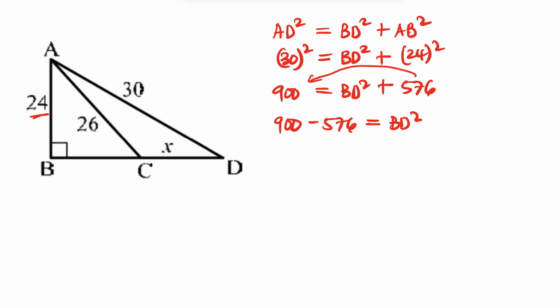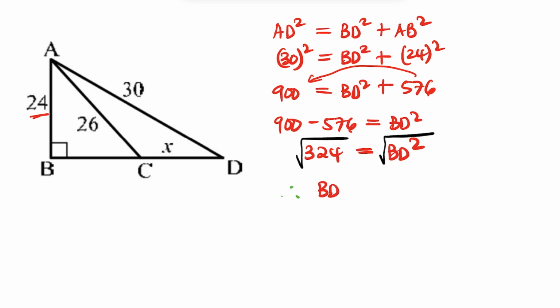So 900 minus 576, your answer here is 324 units, BD square. And then you put the square root. You want BD, not BD square. So your answer here, therefore, will be the square root of 324.